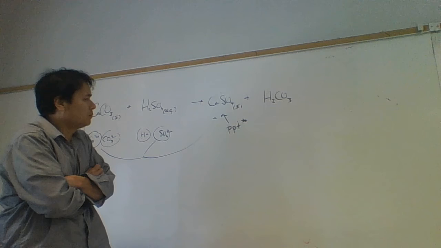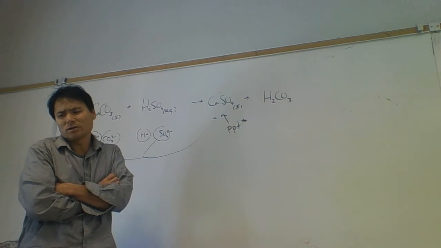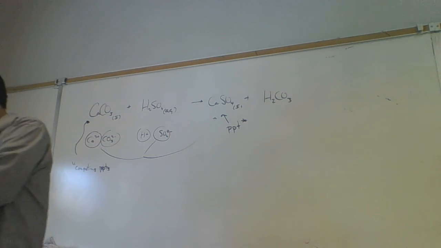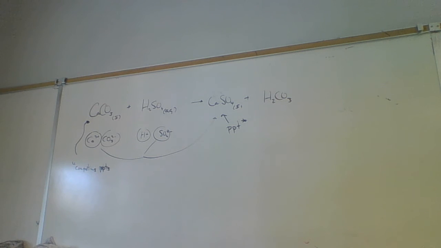So the higher the melting point, that must mean the ions are held together more strongly. And so we really didn't do it theoretically. We just did it based on some experimental data. So calcium sulfate 1460 versus calcium carbonate 1339. Not a huge difference.